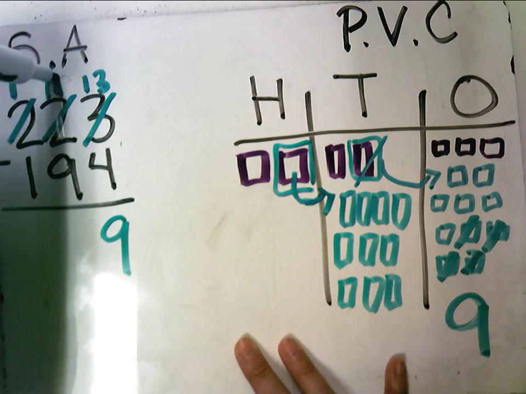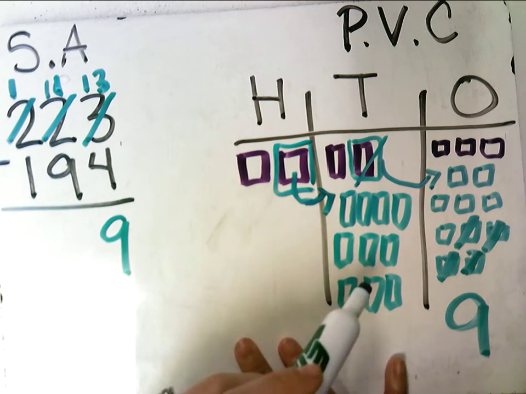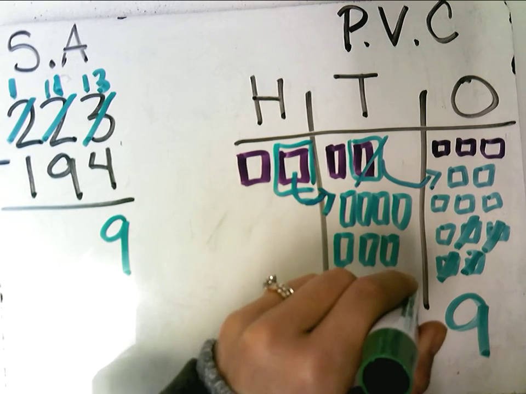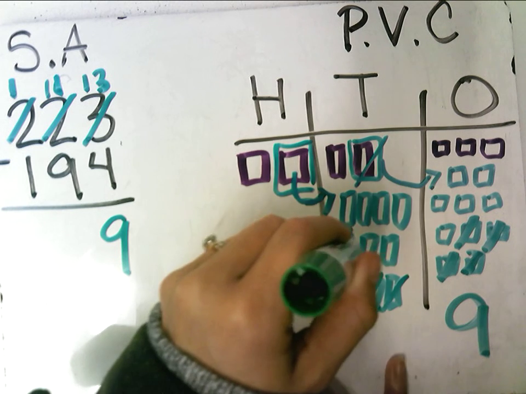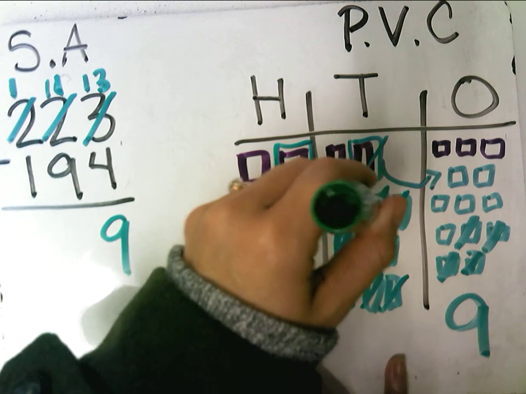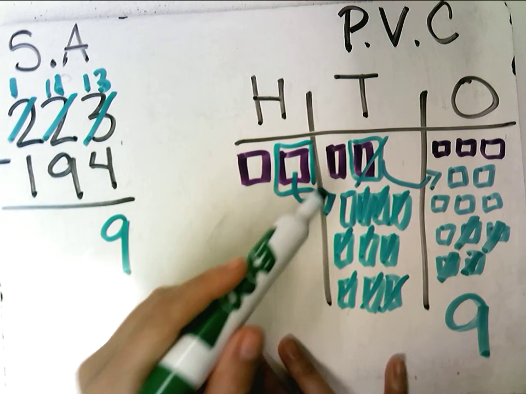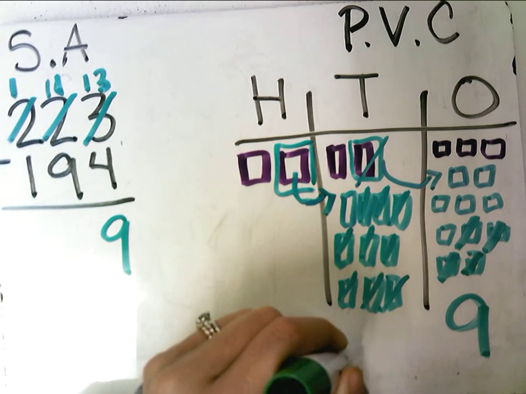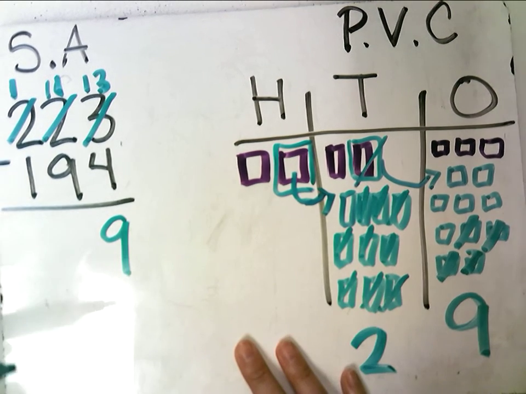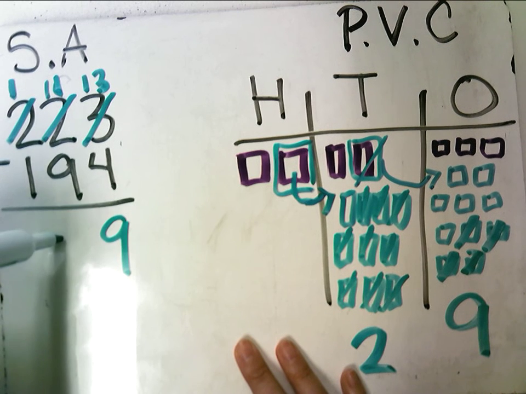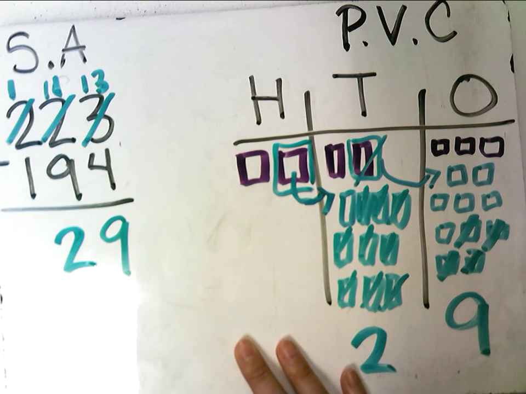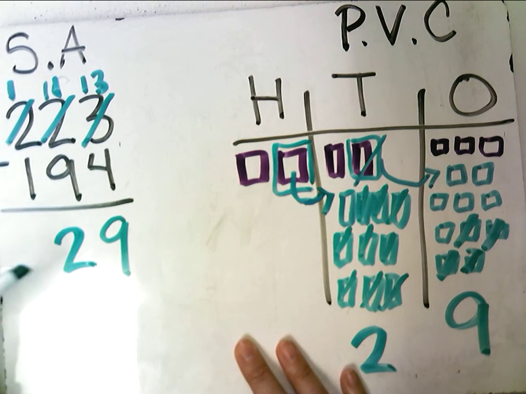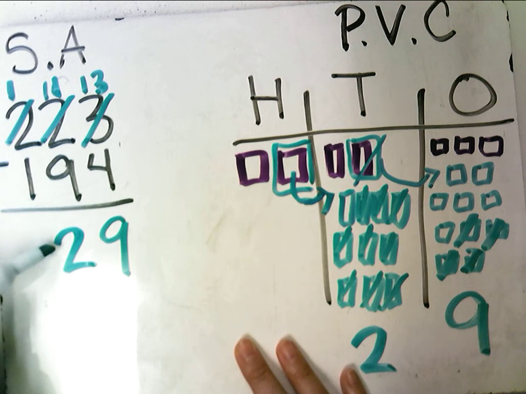So we had 12 tens, now we have 11 tens. So we're going to take away 9 of them. 1, 2, 3, 4, 5, 6, 7, 8, 9. Now it shows you we have 2 tens left. So here we would write our 2 for 2 tens. 11 tens minus 9 tens is 2 tens.